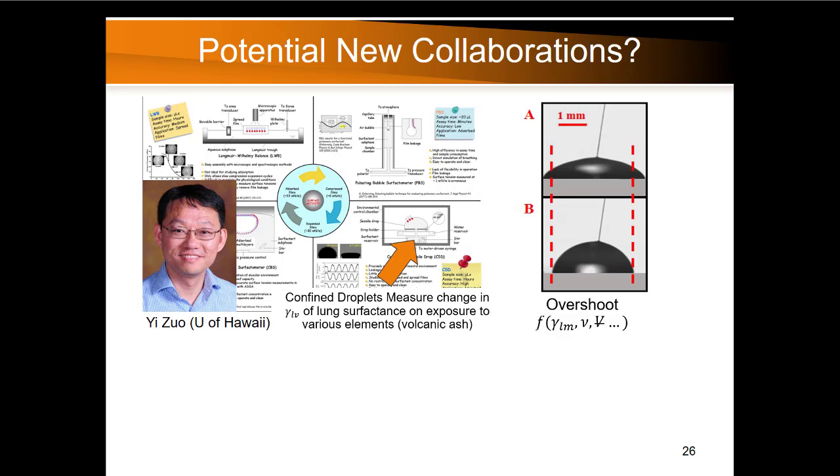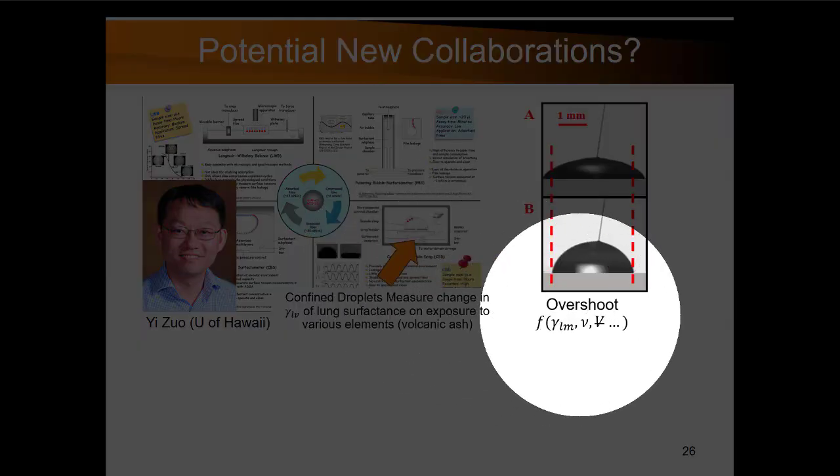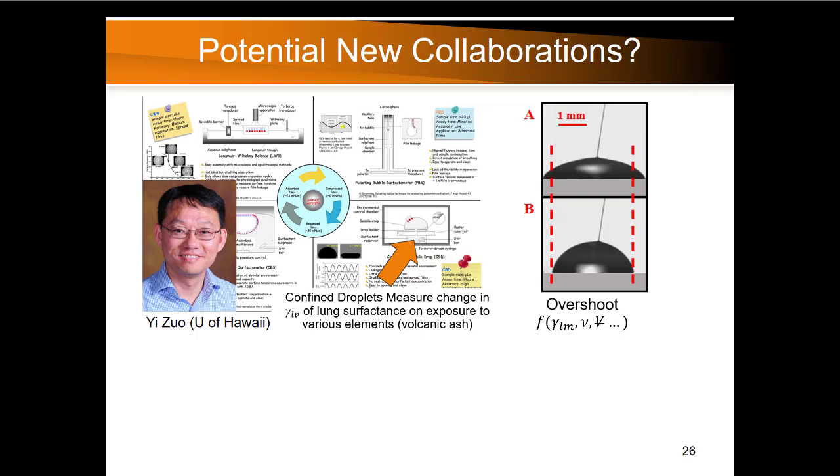I've been thinking, since we started to look at the dynamics of this droplet actuation when you hit it with a pulse of a DC voltage, that the dynamics are a function of the surface tension, the viscosity of the fluid, the volume of the droplet, and probably some other things. But it might be possible to make a pretty low-cost device where you just have a stage, a droplet, a backlight, and a camera.